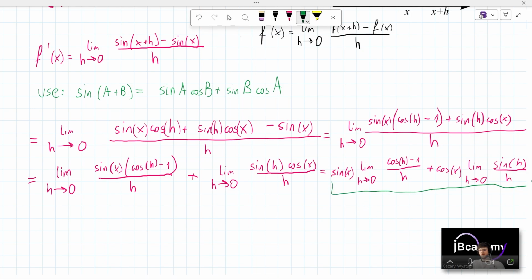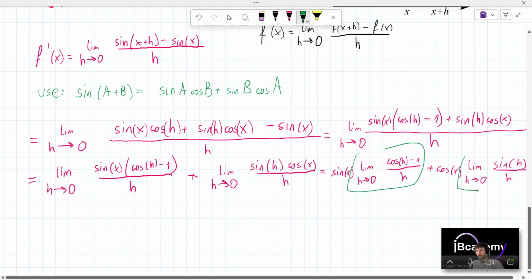And now there isn't much more we can do algebraically here with what is required from you to know on the IB maths level. However, we can use the fact that these limits here are so-called standard limits.